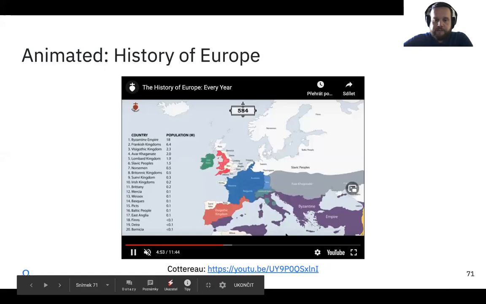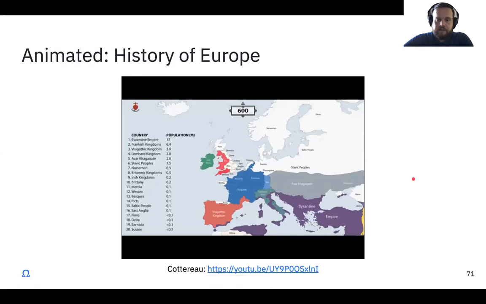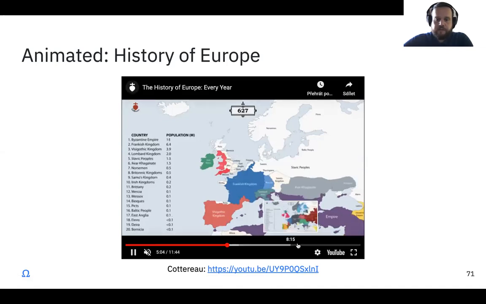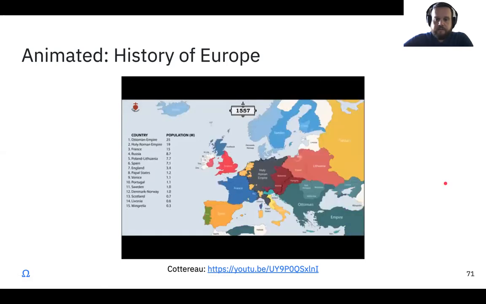Not much is happening here, but each frame of the animation is a new year, and you see how the borders develop. Let's go to, say, here, and you see new countries coming into existence, changing their borders and everything.